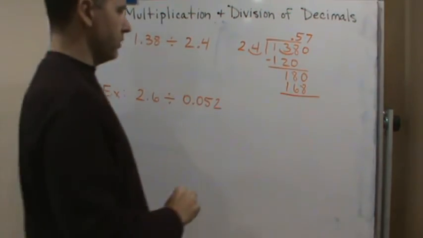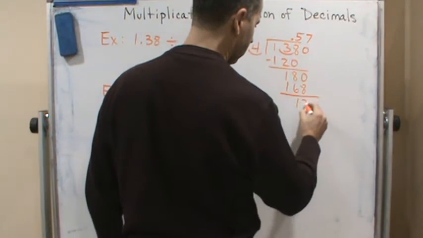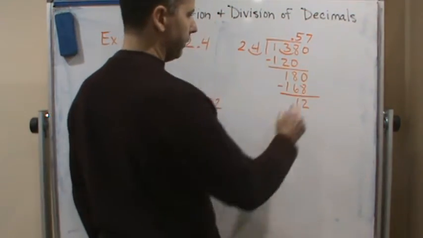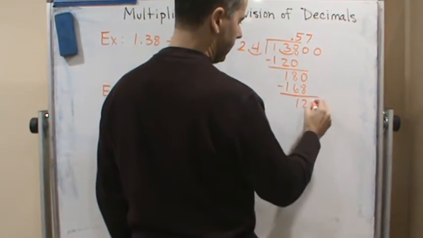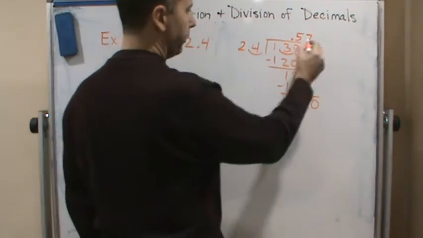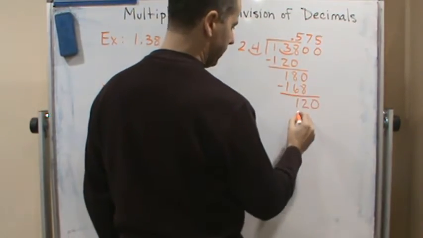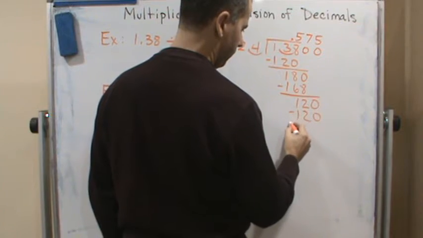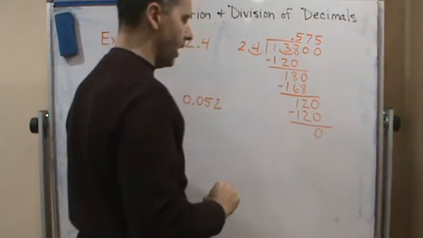And so this is going to be 12, right? Subtract. And then I'm going to drop down another 0, and that's going to give me 120. And I know that this is going to be 5, and I'm going to get 120 here. And I subtract and get 0, and I'm done.